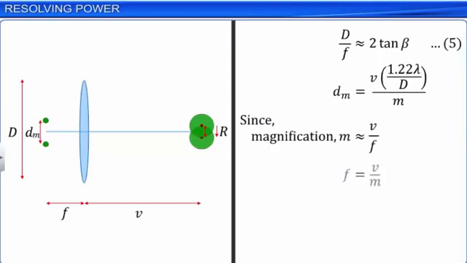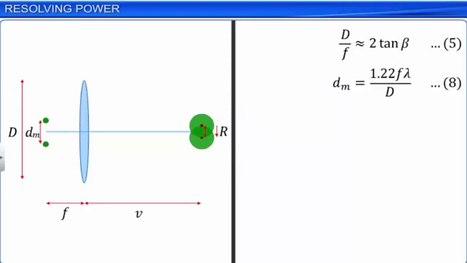Therefore, dm is equal to 1.22 f lambda by d. Let this be equation 8. From equations 5 and 8, we get dm is equal to 1.22 lambda by 2 tan beta. For small angles of beta, tan beta is equal to sin beta approximately.